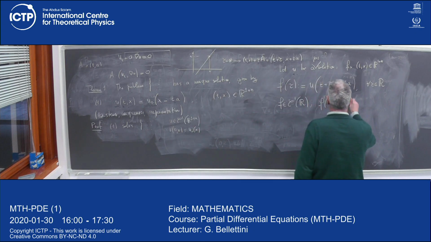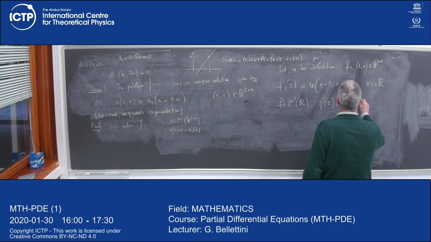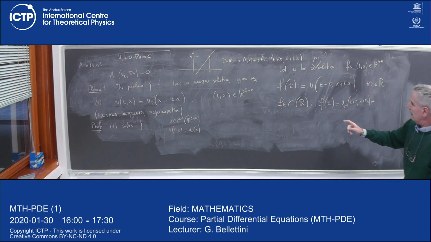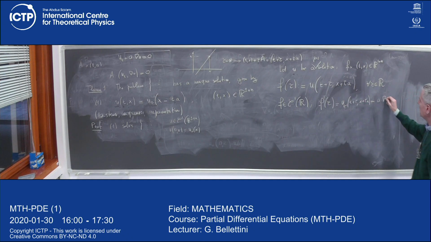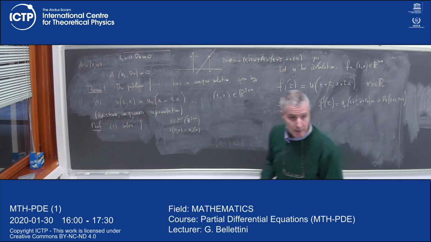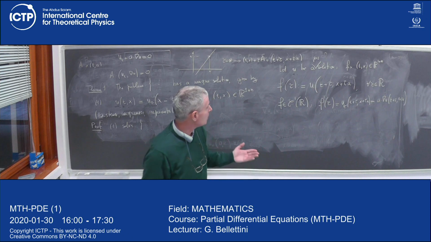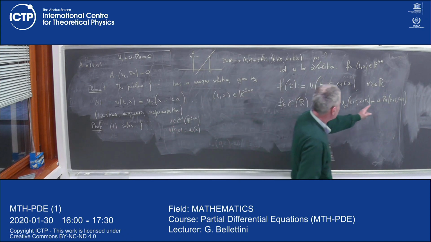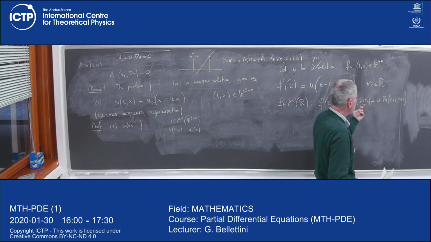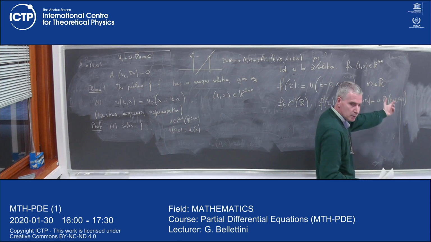So u_t at (t plus tau, x plus tau a) plus, differentiating the spatial part, a dot grad u at (t plus tau, x plus tau a), and this must be 0, because u_t plus a dot grad u is 0 at any point, in particular at this point.